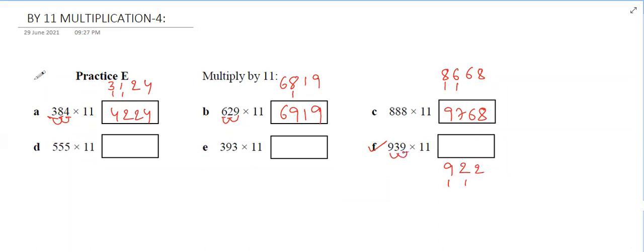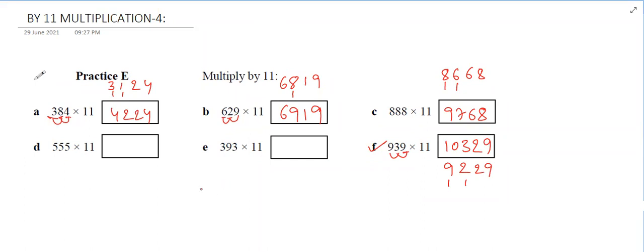So the final number is 1032. Is that the answer? No, sir. Where is the mistake then? Sir, we have to write the last digit 9 as it is. So don't forget this. 10329. Don't forget to write the first and last digit as it is in any series of ones.